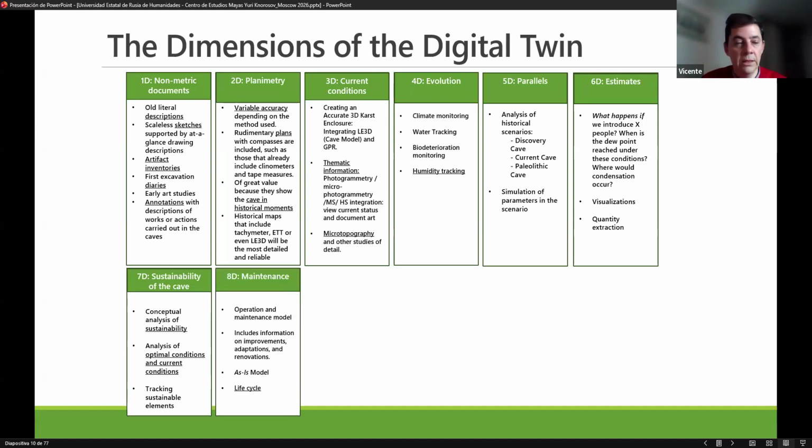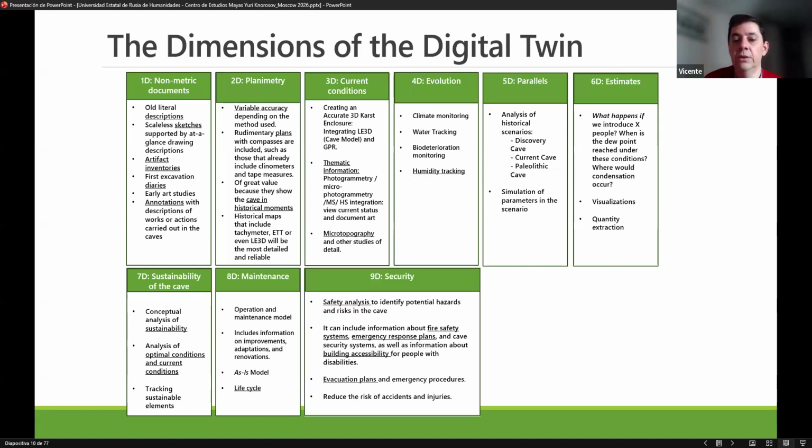The eighth dimension deals with maintenance. All the things that are not original to the cave are put in a database, and all the things you have to change, a light, a seismograph or a door, are included in this database.